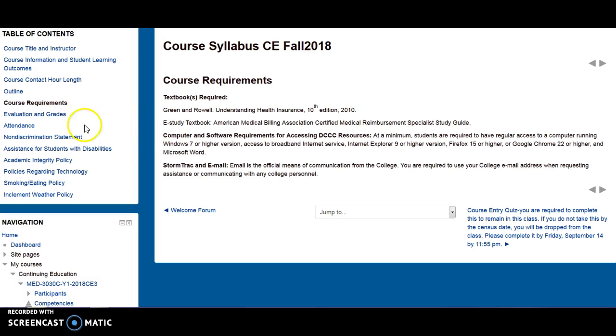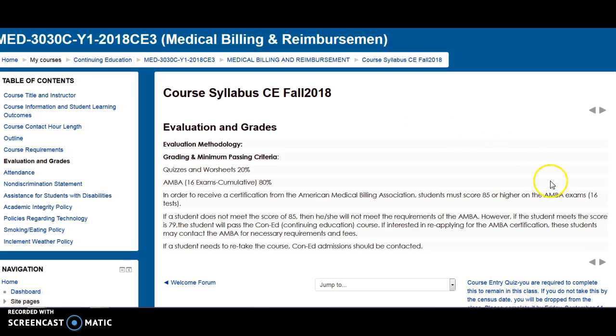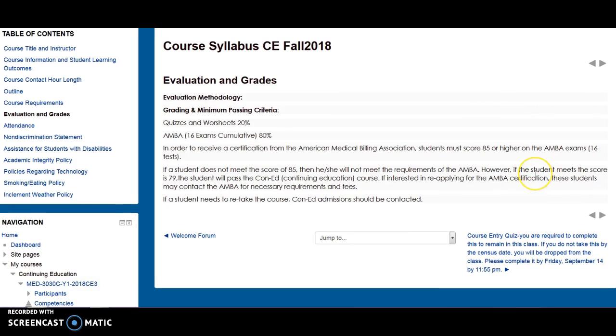So you have all the textbooks that are required, and this is how we're going to evaluate your grades. Just like there are 2 distinct parts to the course, there are 2 distinct parts to the way that we're going to grade you also. Those quizzes and worksheets, and the ones that I showed you on the front, the acronym assignment, would be part of that 20%. What's not part of that 20% are the things that are not required.